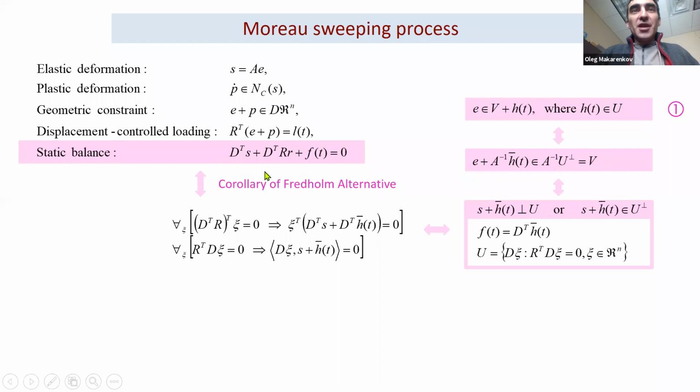If we start from static balance, then what we see is an equation of the form... I'm trying to write, maybe I cannot write. I think it works. Ah, it's working now.